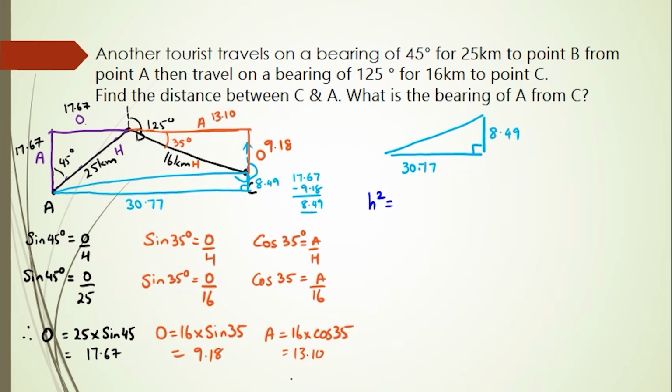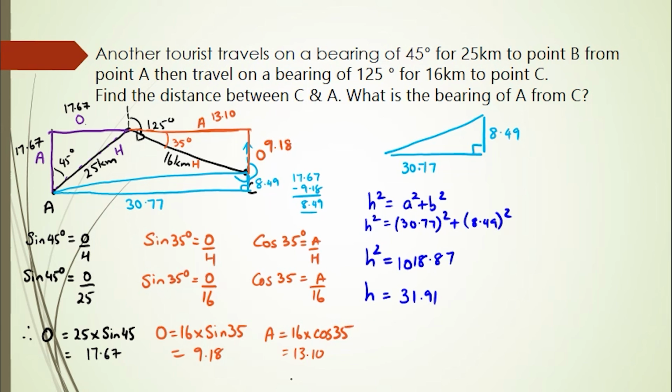Hypotenuse squared equals a squared plus b squared, which means I have 30.77 squared plus 8.49 squared, and h squared equals 1018.87. So h is equal to the square root of that, which happens to be 31.91. So the distance CA is 31.91 kilometers.